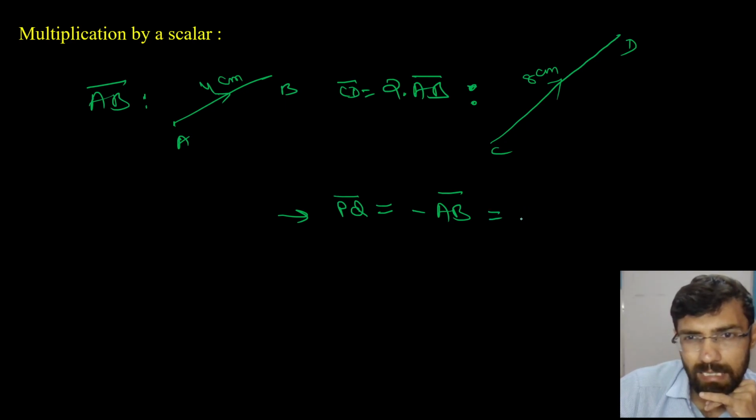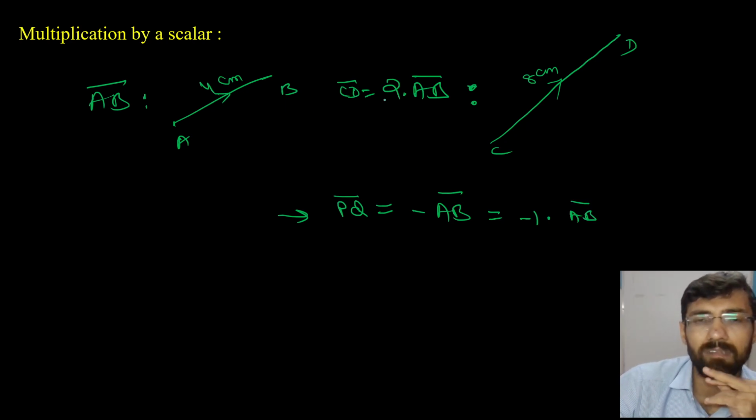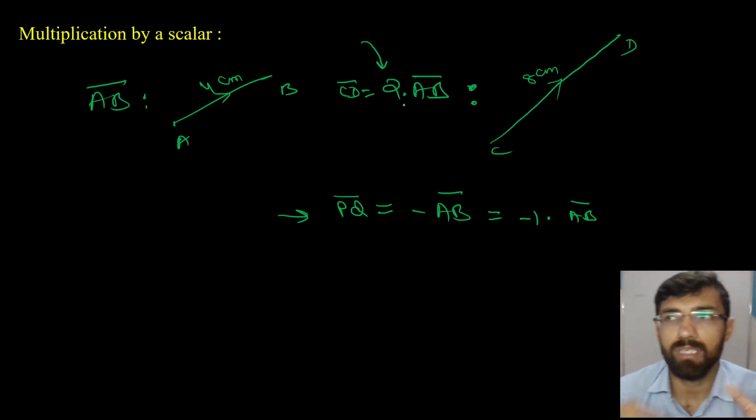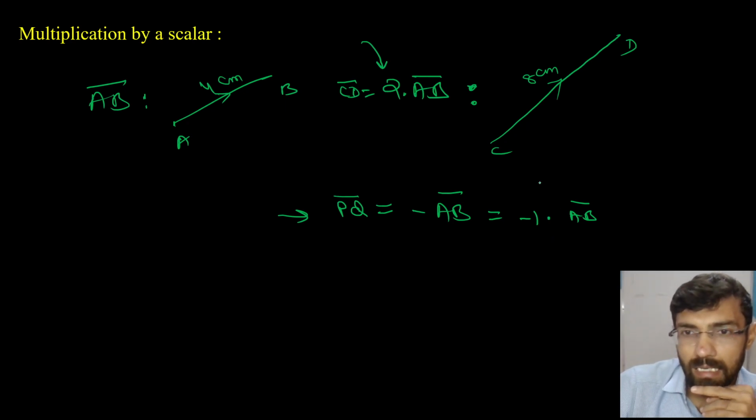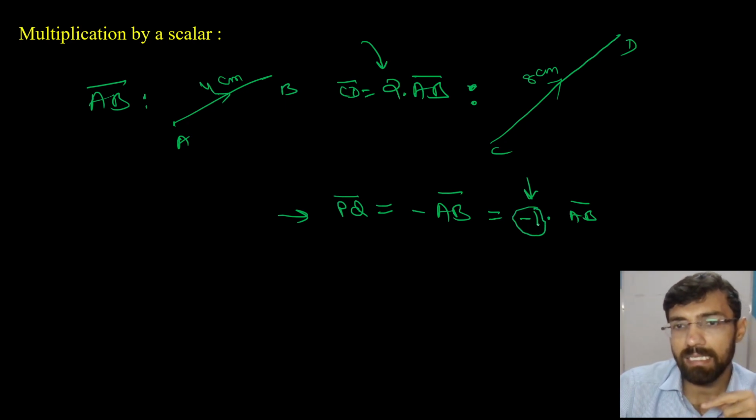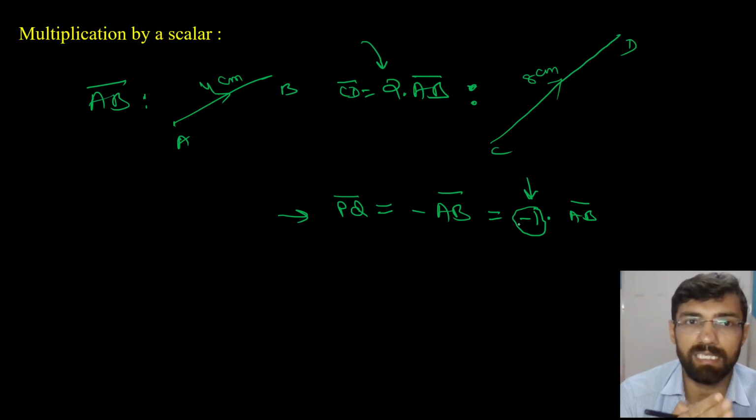Definitely you can see this is minus 1 times AB vector. Here we just saw that when I multiply AB vector by any constant, its length changes. So here I am multiplying AB vector with minus 1. What does this minus sign do? The minus sign just changes the direction.